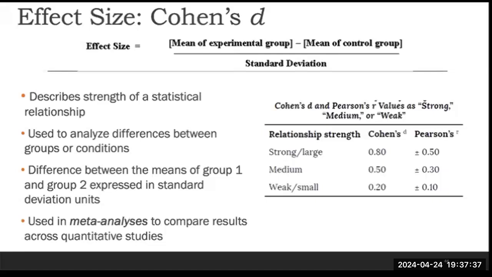We use this because in a meta-analysis, we're comparing results from different studies. So they're using different scales most of the time. It gives you a sense of, say, the effect of self-esteem on cognitive performance, something that you might see in many different studies.